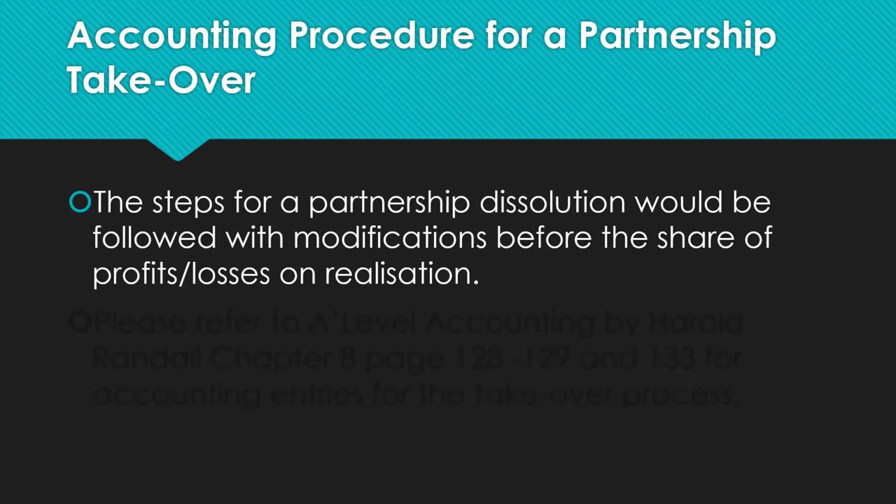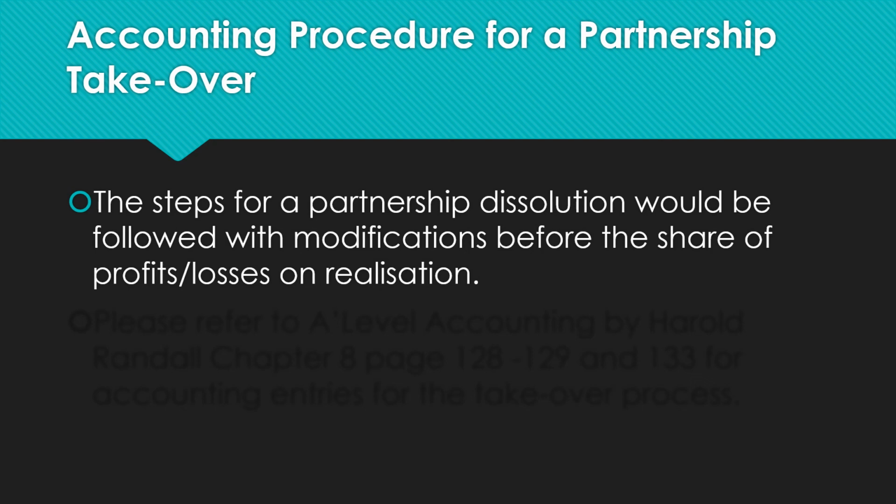The third accounting entry is that you have to record the value of assets taken over by partners without payment. So you're going to record the assets taken by the partners. Let's say, for example, you had some vehicles, and the partner took one of those vehicles at a value of $10,000.